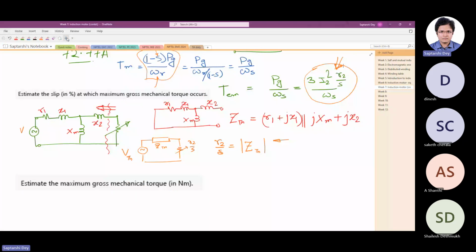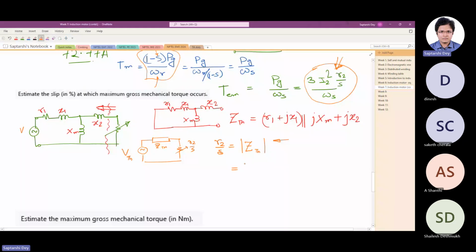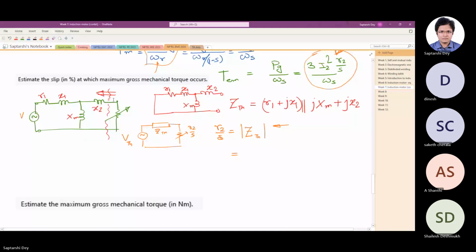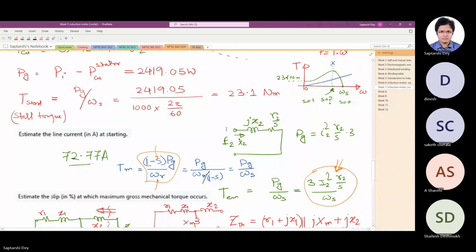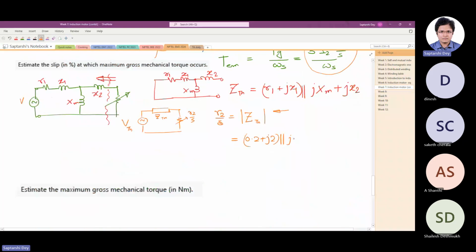So now we'll simply put this expression, R1, JX1, everything is given here, 0.2 plus J2, in parallel with JXM 80, plus JX2, J2. The modulus of this will give you 3.95 ohm.